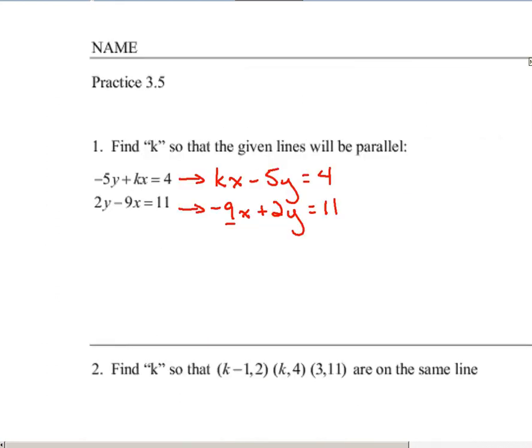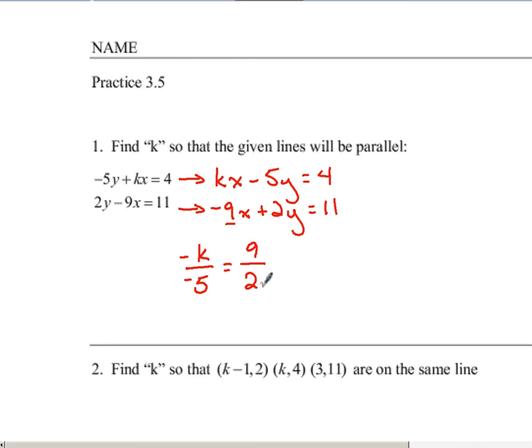If I take k here, my x coefficient, make that negative, put that over the y coefficient, negative 5, I could set that equal to the x coefficient from this equation, change the sign, make that 9, and place that over the y coefficient of 2.